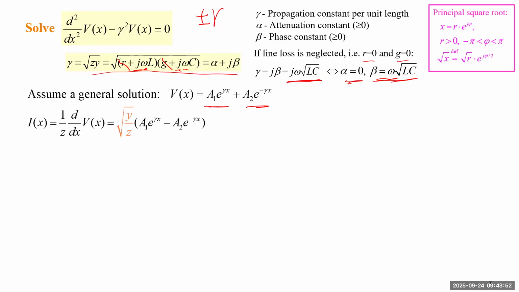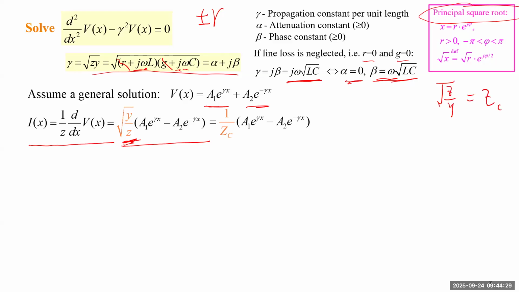Current will be equal to this equation. There is a coefficient which is square root of y divided by z. We also need to utilize the principal square root to calculate this square root. Just to make this easy, we can define lowercase z divided by lowercase y as ZC.